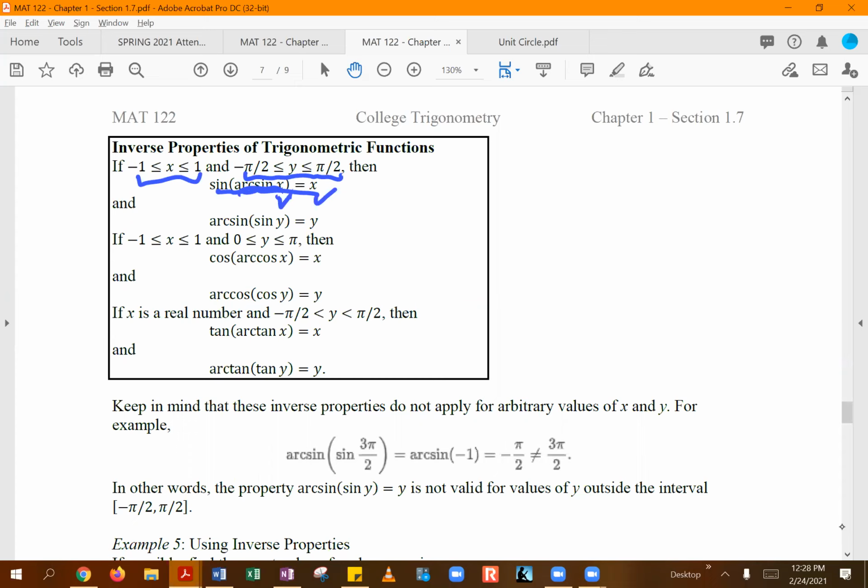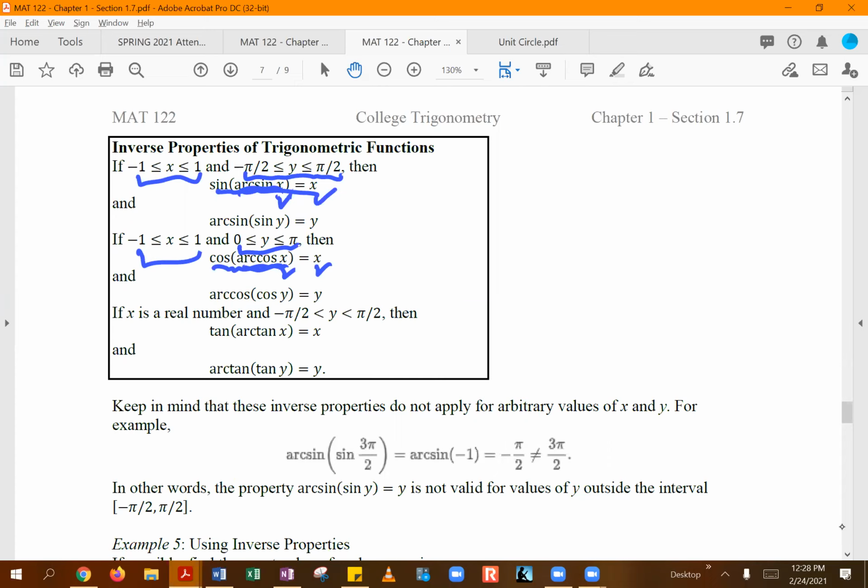For the arc cosine function, again, your x values have to stay between -1 and +1, but then your y value is going to be between 0 and pi. And that's for the arc cosine function. So when you do cosine of arc cosine, same thing, the x value that you start out with is the x value you end up with.